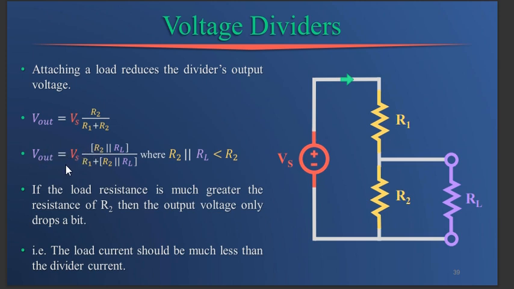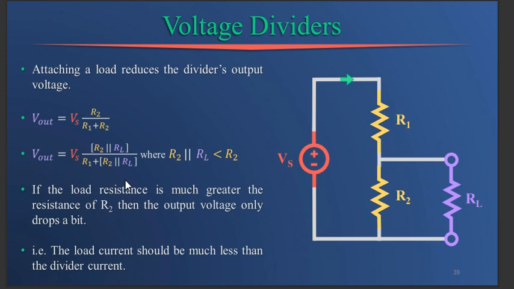And we understand that R2 and RL are in parallel, whereby we can say that R2 in parallel with RL, plus R1, which is in series with the parallel combination of R2 and RL.